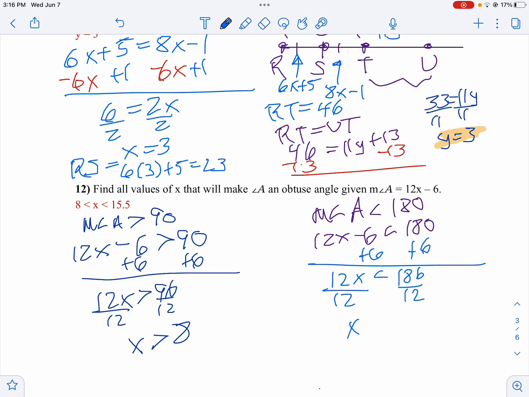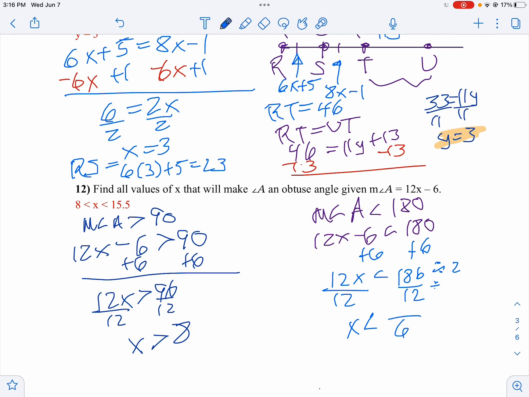And x is less than, now if I look at that, both of these are even, aren't they? So I could divide, let me see, 186 over 12. I wonder if a 4 goes into both of them. Because I know 12 divided by 4 is 3. 4 goes into 18 4 times with 2 left, no, 4 doesn't go into it. So let's try that again. Let's divide it by 2 then. 93 over 6.